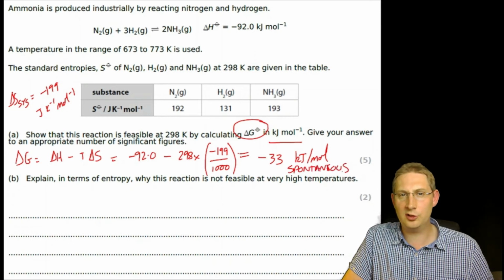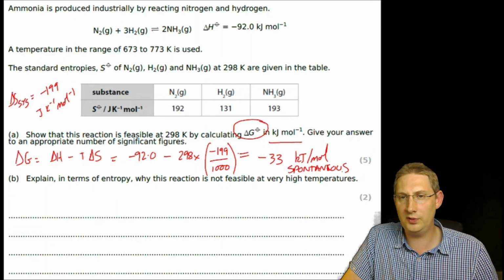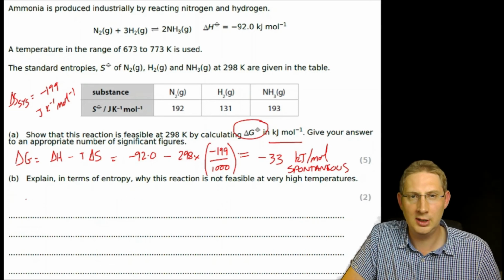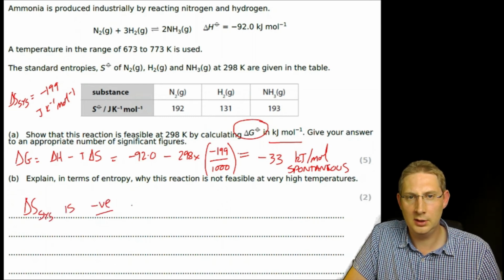Explain in terms of entropy why this reaction is not feasible at very, very high temperatures. Well, that's because deltaS system is negative at high temps.